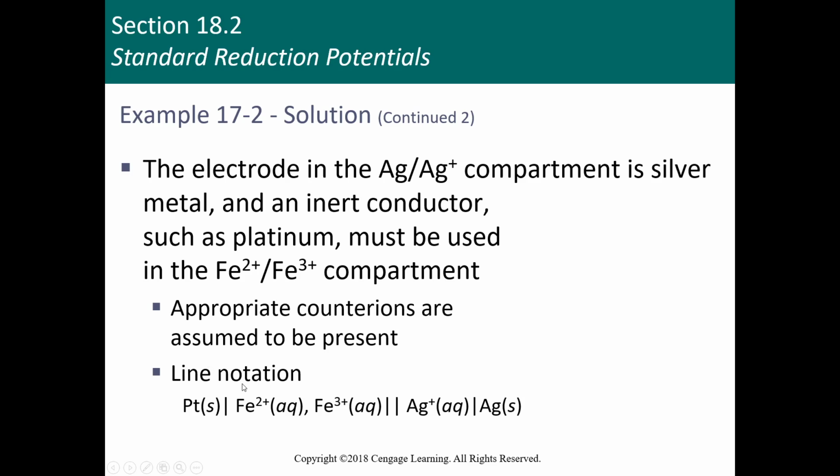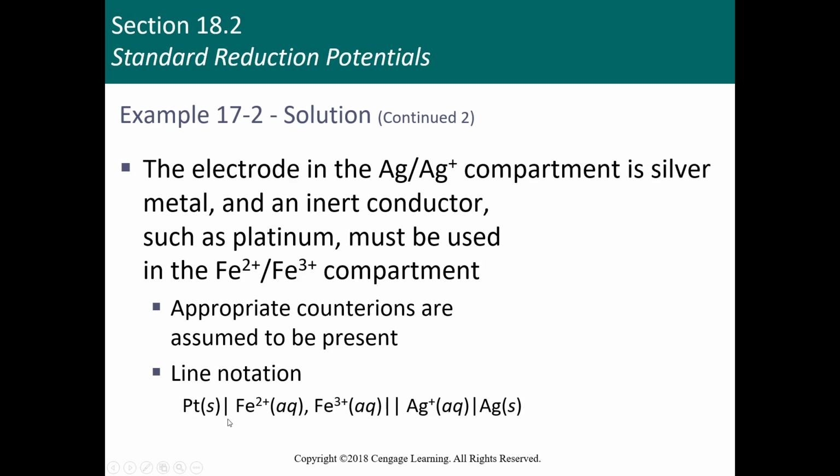The line notation for this is going to be, when you do these line notations, again, remember that a single line is the phase boundary. Our platinum conductor that we're using on the iron cell side is going to be that solid platinum. And that's going to be our electrode on that side.